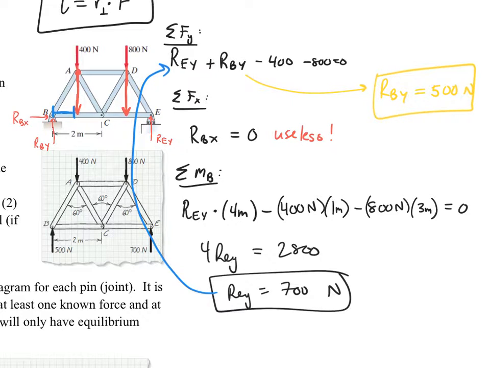But now we have to look at each individual pin, aka node, joint, where the two members meet, or where the four members meet. We need to analyze all of these different nodes. And we're going to analyze all of them in a free body diagram. And we're not going to have to worry about torques for these. It's just going to be sum of the forces in the X and Y. But a lot of trig.